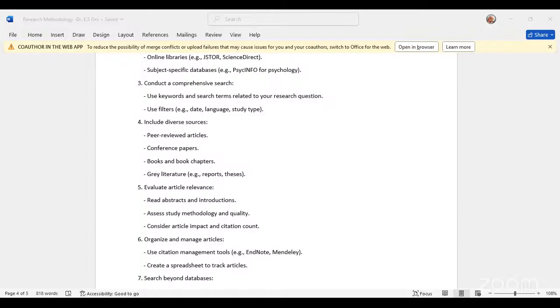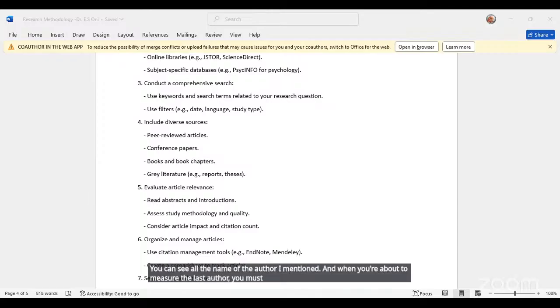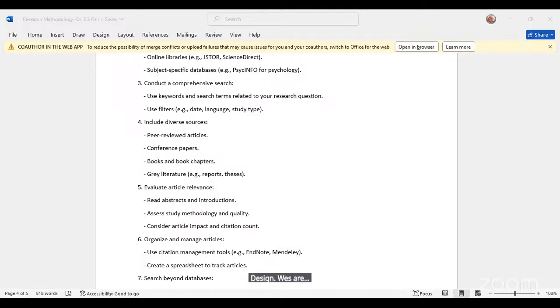Then if the journal article has seven authors or more, for example Lane, S., Basu, S., Gallagher, A., you write all the names of the authors I mentioned. When you are about to mention the last author, you must put the "and" sign: Wesa, R., 2014.